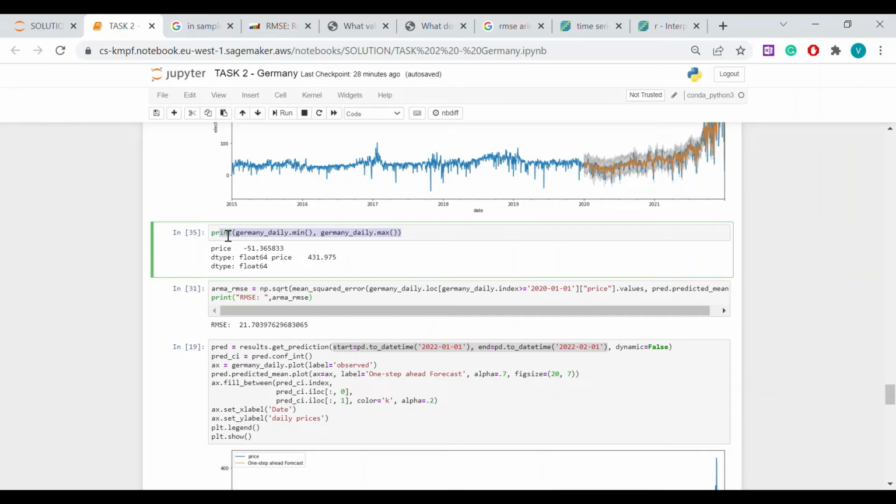To sum up, given that our range of daily price is from minus 51 euros per megawatt hour to 432 euros per megawatt hour, we have the root mean square error equal to 21.7, which is plausible.